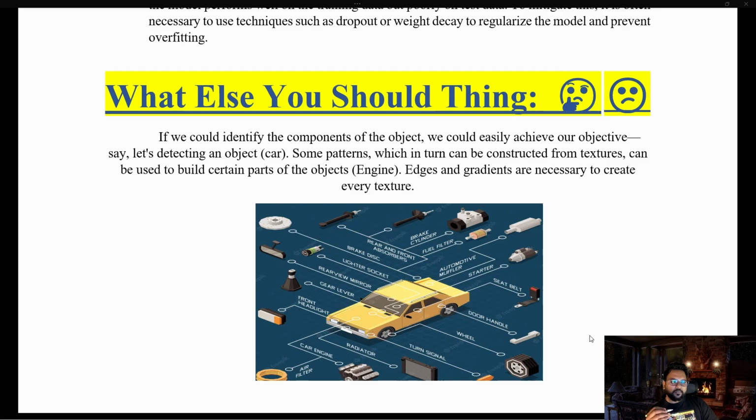So to identify a car, we need to extract the parts of the car, like wheel, headlight, etc. To be able to understand what is a wheel, what is a headlight, we need to understand more detailed features of a car. And to understand the more detailed features of a car, we need to actually have something which can extract information about it, right?